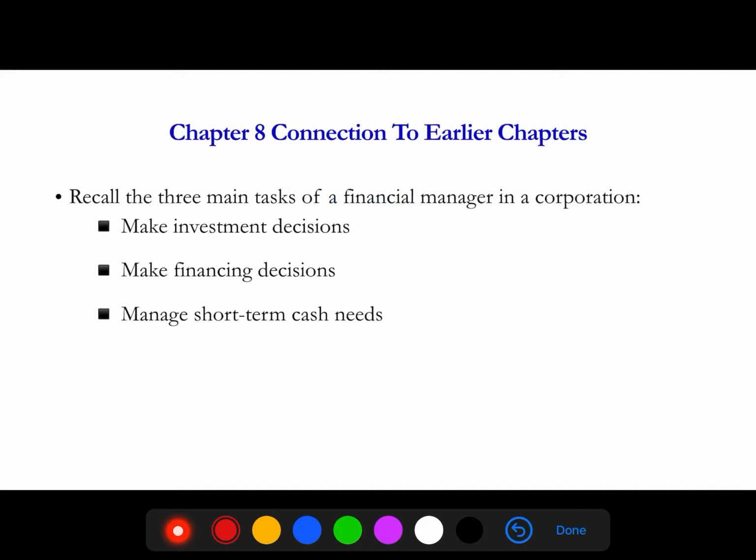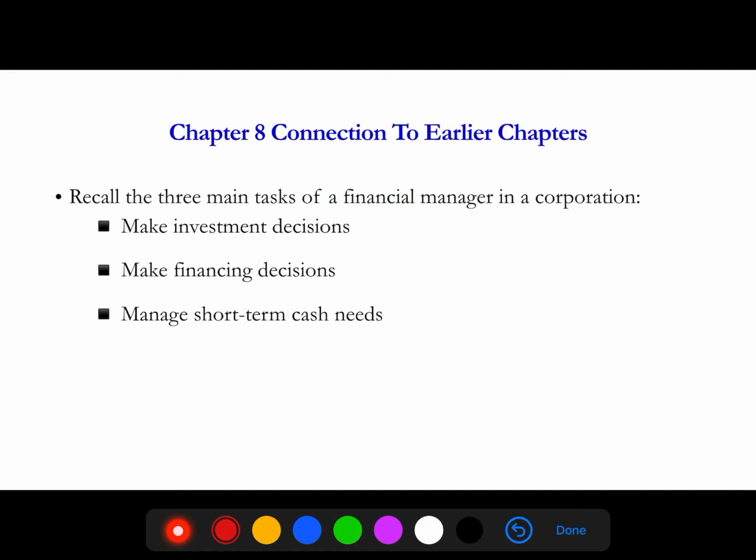And she needs to manage short-term cash needs of the firm. She does all of those three tasks in order to maximize the wealth of shareholders, or maximize the value of the company.